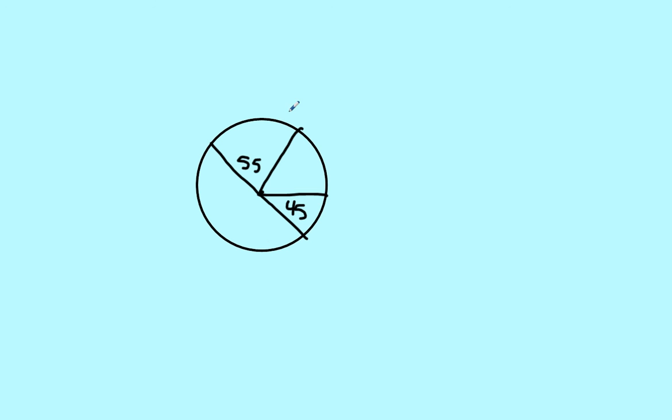Let's give these some names: A, B, C, D, and this is O in the middle. You need to know the measure of arc BC. So you'd have to know 180 minus 55 minus 45, and that's 80.